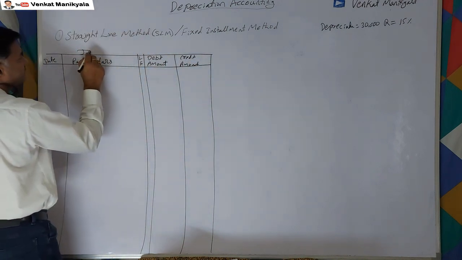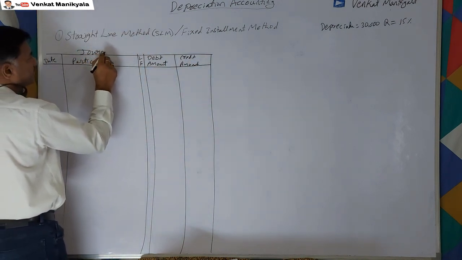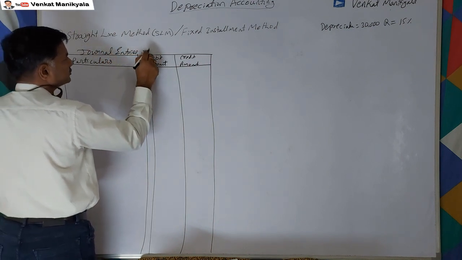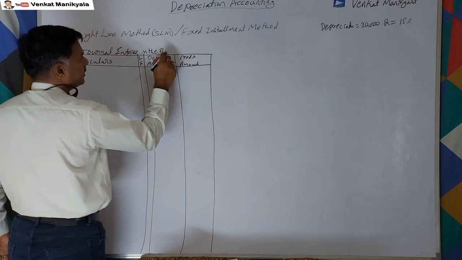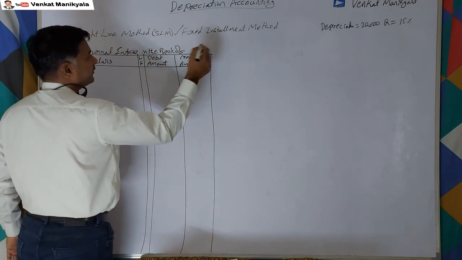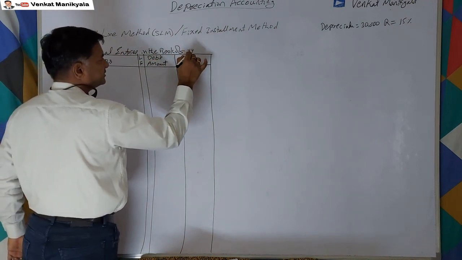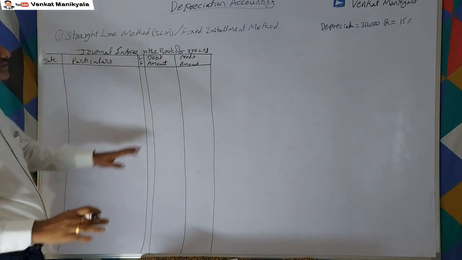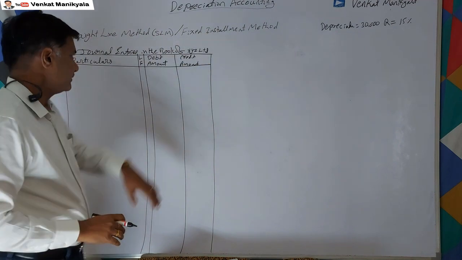Journal entries in the books of, if anything is given, XYZ Limited. Here nothing is given, right? In this problem nothing is given, so we don't write anything, right?